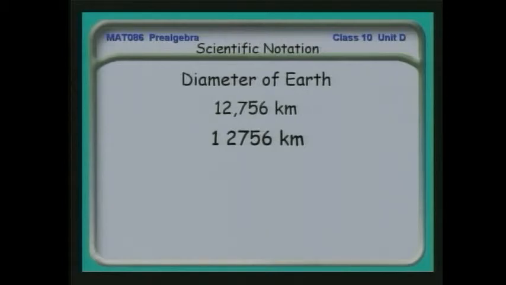We start to the right of the 6 and start counting back to get the power until we can put a decimal point between the 1 and the 2 there, 1.2756. Then we write that, and since we've counted back 4, we've reduced that number by 4 orders of 10, and so we need to get that back by multiplying by 10 to the 4th kilometers.